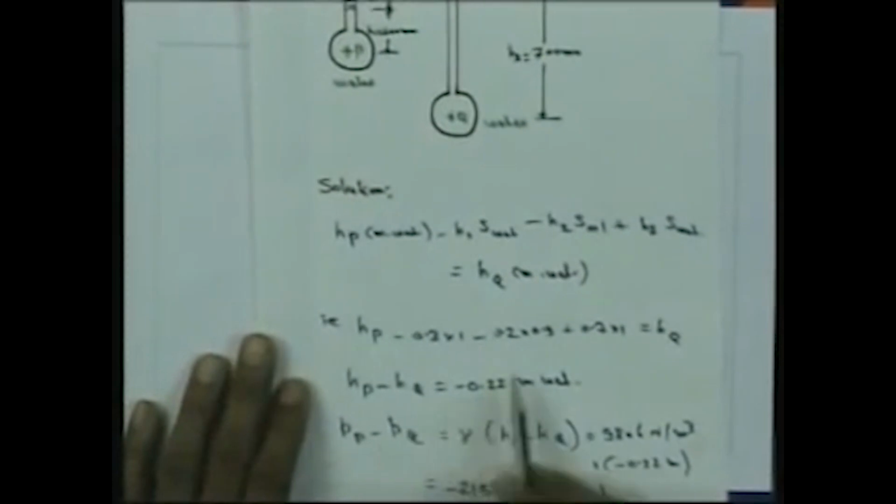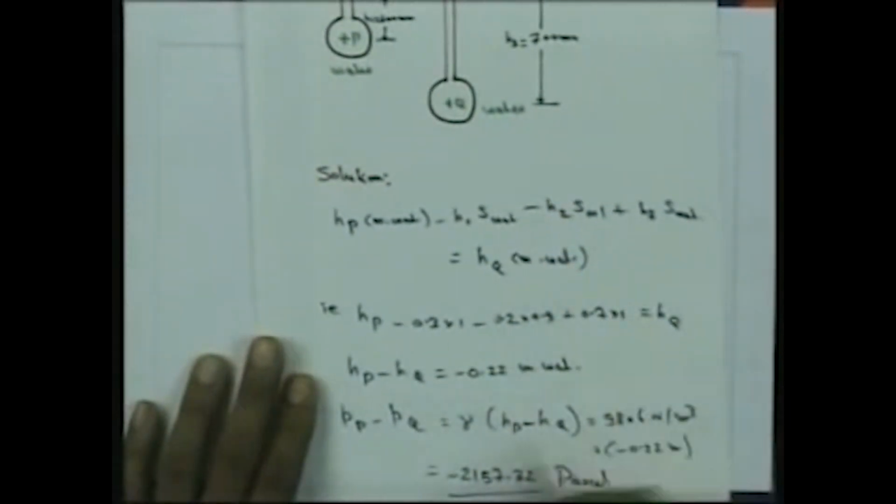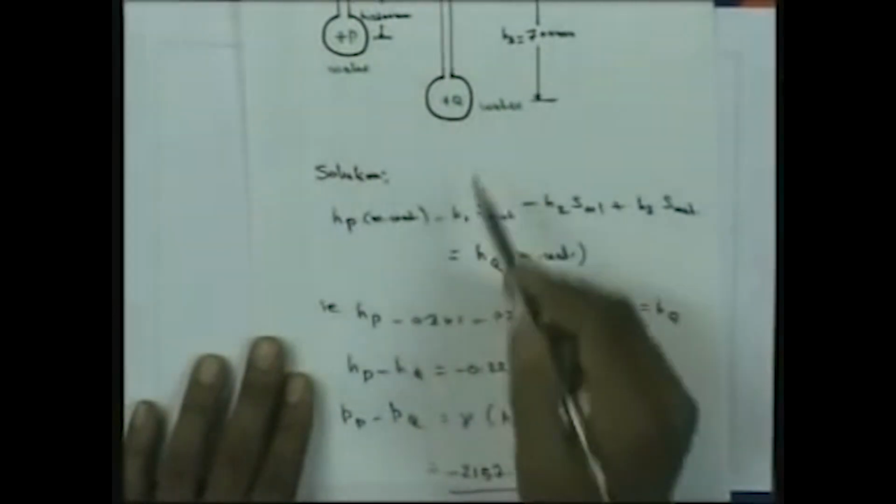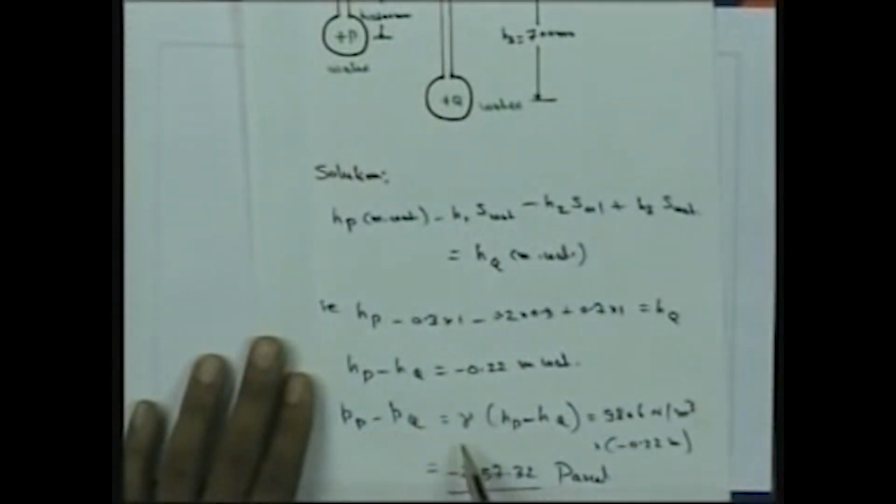We want to get this in terms of Pascal. So the pressure difference between P and Q can be written as PP minus PQ is equal to the specific weight of water multiplied by HP minus HQ, so gamma into HP minus HQ, where gamma is equal to rho into g.